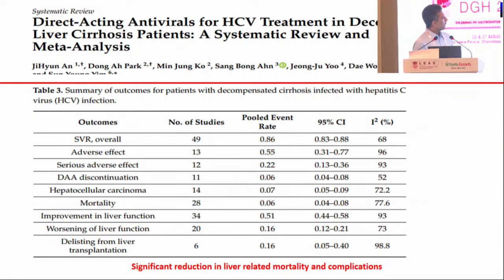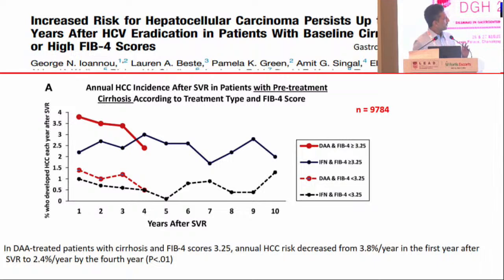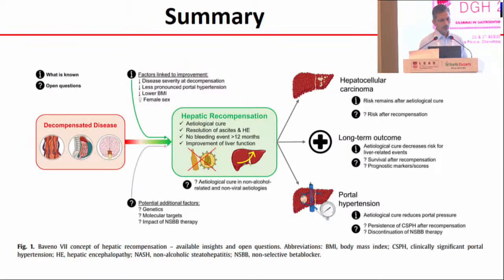If the patient becomes recompensated, all the liver-related mortalities and complications reduce. This we know by studying hepatitis C patients. But the risk of HCC always remains. So these types of patients should be regularly followed up like other patients of cirrhosis. Just to summarize, when we see a patient with decompensated liver disease who becomes recompensated, the patient should match at least etiological cure, resolution of ascites and HE, no bleeding for the last 12 months even on beta blockers, and improvement in liver function.